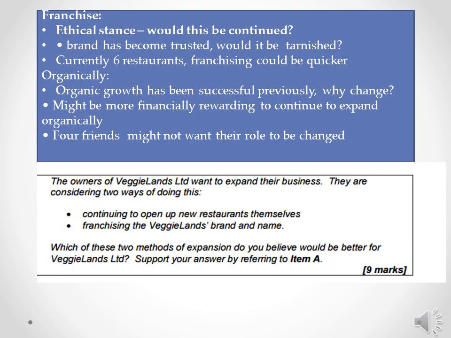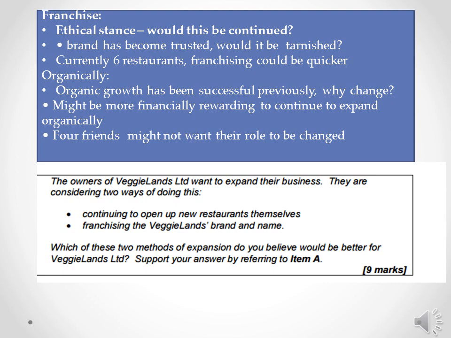Later on for the same paper, it finished with a 9-mark question. Okay, so the question being is, should they continue to open up new restaurants themselves, or should they go down the franchising model? So you're looking at the new restaurants or the franchising, then you're deciding which one that they should use. One thing with the application, the questions will say clearly that you've got to link it to a given business.